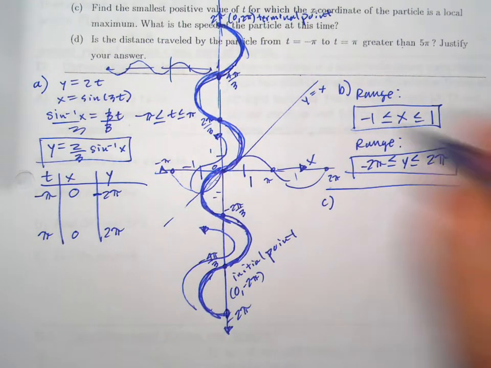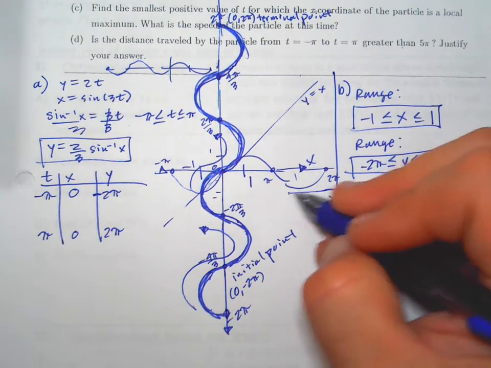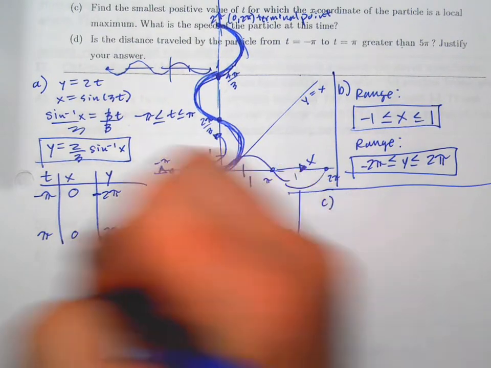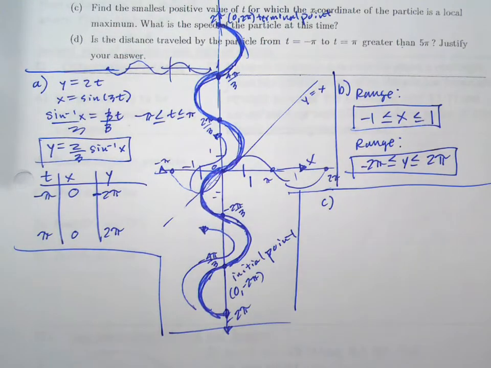Okay, C says find the smallest positive value of t for which the x coordinate of the particle is a local maximum. What is the speed of the particle at this time? So we're looking for the first local max time-wise, or the smallest positive value of t that gives a local max.